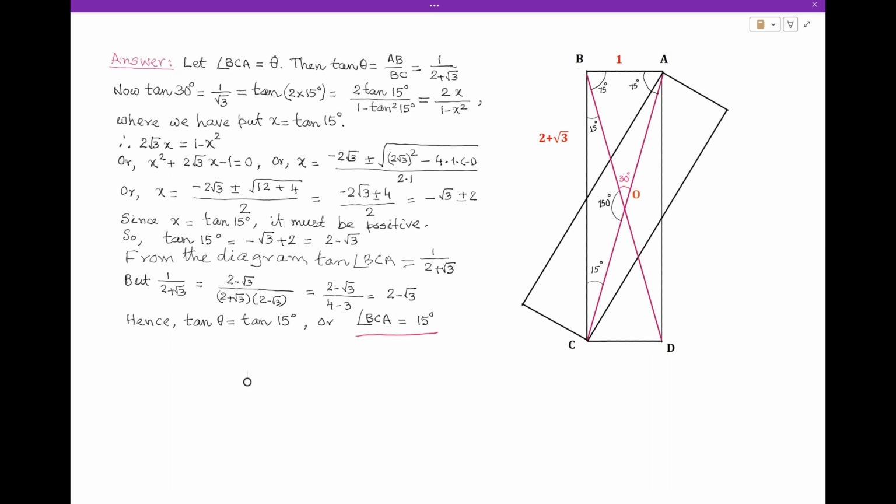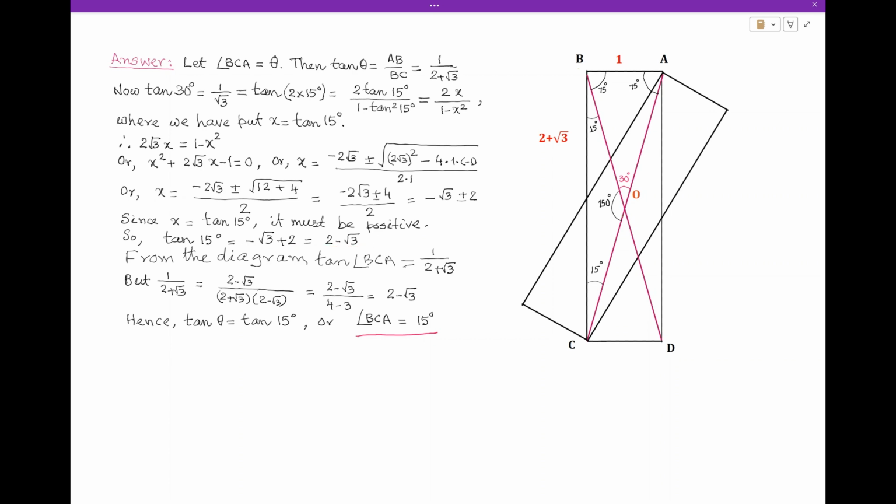Because 15 degree is in the first quarter and every trigonometric function in the first quarter is positive. Therefore, tan 15 degree has to be positive. So, out of the two values for x that we have found, the only valid value is minus square root of 3 plus 2, or 2 minus square root of 3.